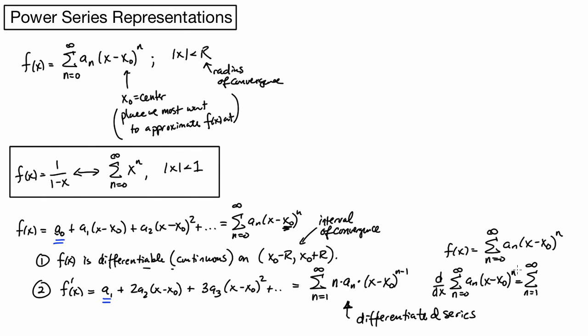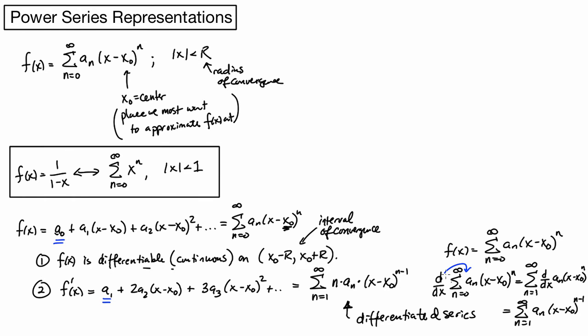When this comes inside the series, you lose the first term where you differentiated it away, and then all you do is take the derivative of the terms that are left. And so the terms that are left, when you take their derivative, you ignore an, it doesn't have an x, and then (x minus x naught) to the n becomes n times (x minus x naught) to the n minus 1.